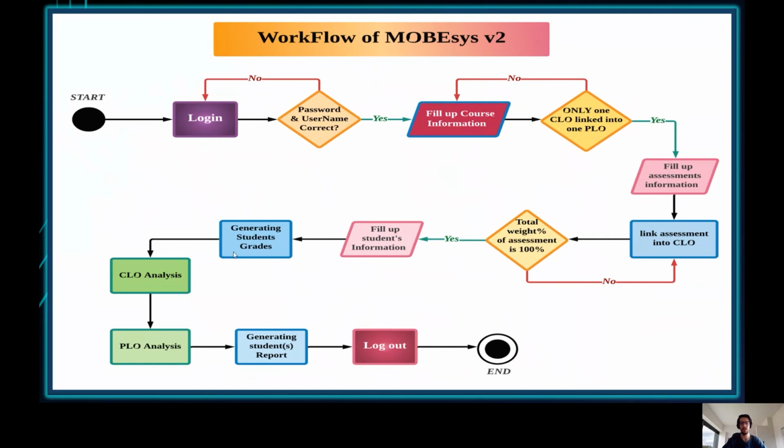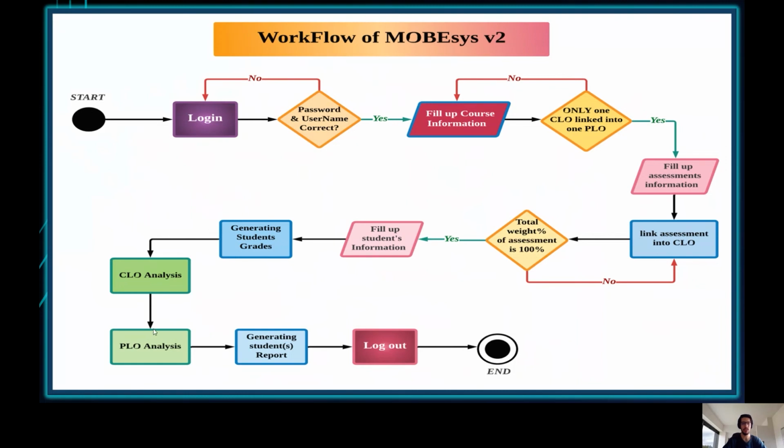So the system will calculate and generate the student grades and will generate a report for the CLO analysis, like how many students achieve or pass the CLO. We have CLO 1, 2, 3, 4. Maybe in CLO 1 they attain 30% or 40%, and in CLO 2 they gain 60 or 70.